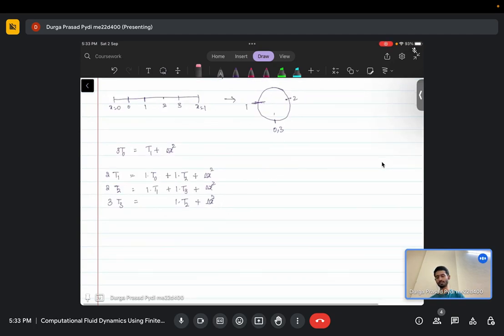Now the only difference is, when you are writing for this, previously we didn't have any ti minus 1 term, so we have taken the fluxes at these boundaries, but now we have to write it in terms of periodic neighbours. So your ti minus 1 term, for the boundary for i equal to 0, will be replaced with t2, and for i equal to 2, ti plus 1 will be replaced with t0. That is going to be the only difference. So what will my equations be now?